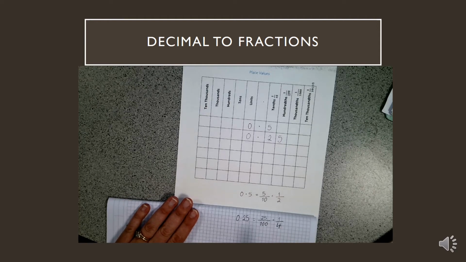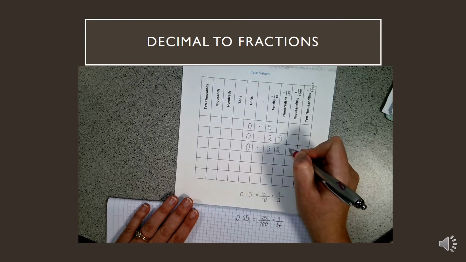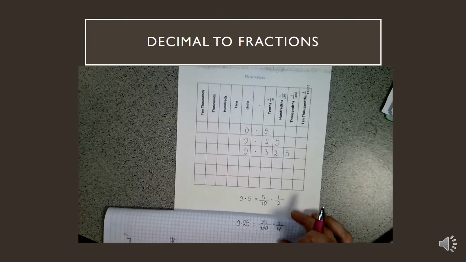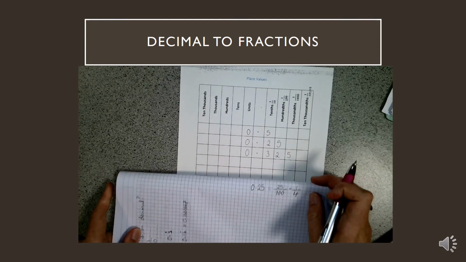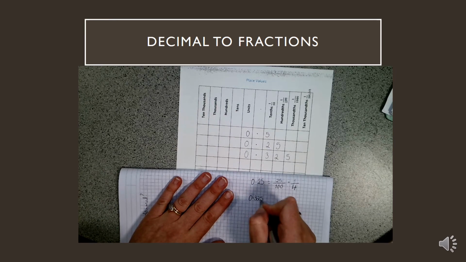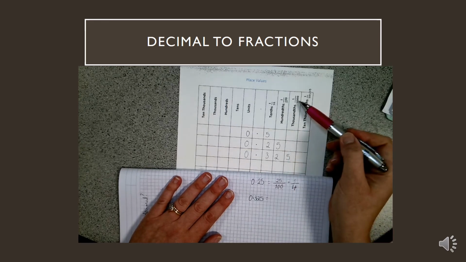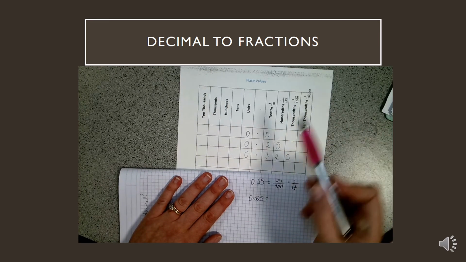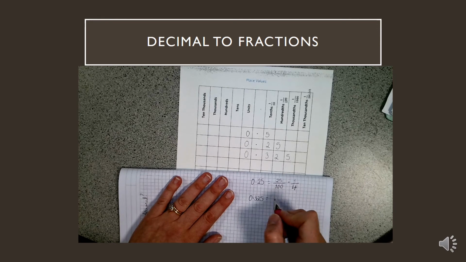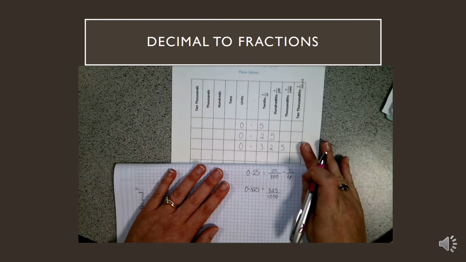Okay, and we'll do one more. 0.325. So 0.325 equals, we look to the last digit, you've reached into the thousandths, so you have 325 thousandths. And now we need to simplify, and this might take a couple of steps.